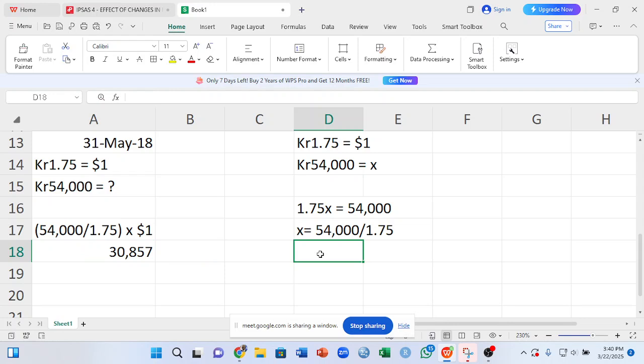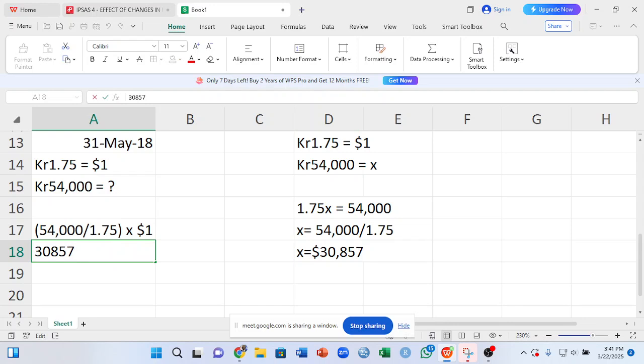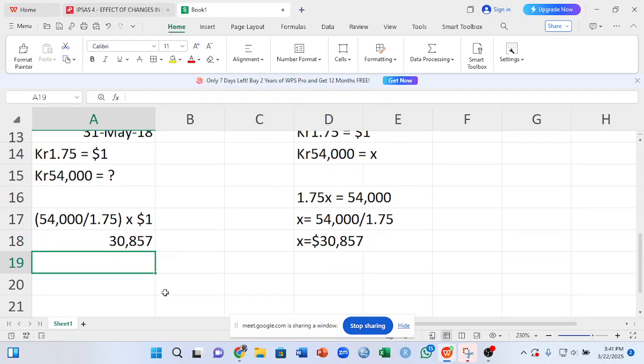So 30,857 is the amount we are now paying in dollars. Bear in mind this one is in dollars, the amount you are now paying in dollars.